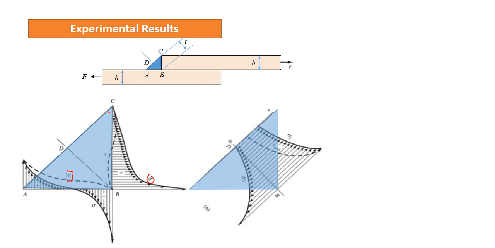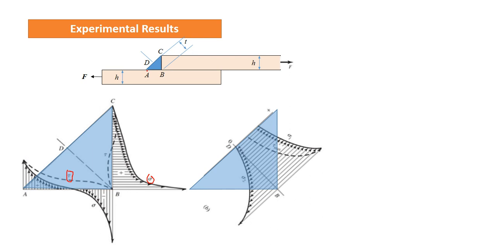So this variation means here the normal stress is 0 and then it increases to point B, and likewise from point A to point B.